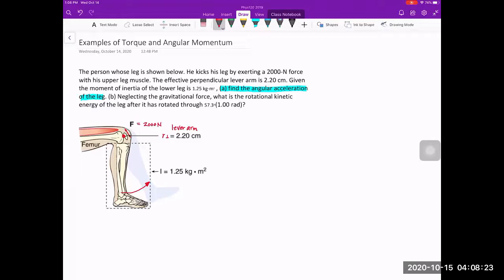Let me give you a quick review. If you have a linear motion, this is based on Newton's second law. Newton's second law tells you that if you give a force, an object with a mass will generate a linear acceleration. The direction of acceleration is the same as your force.